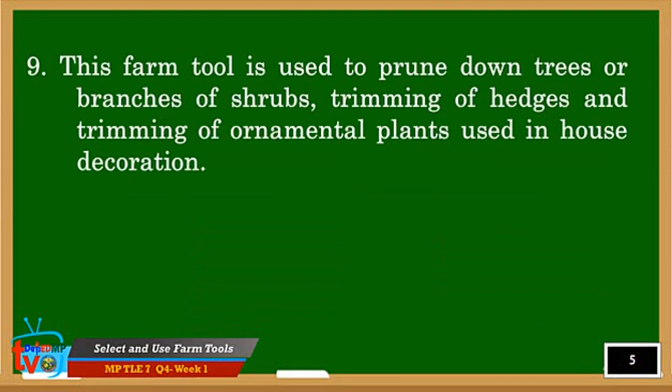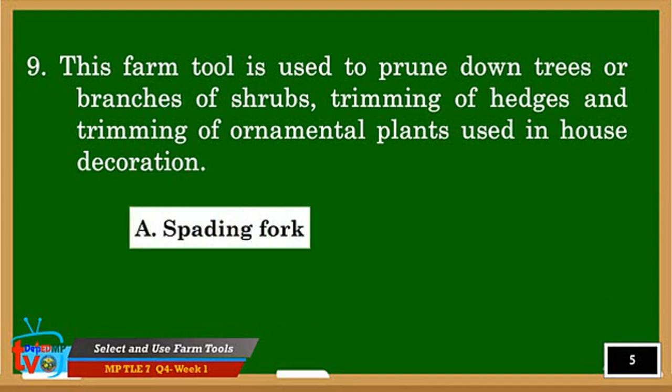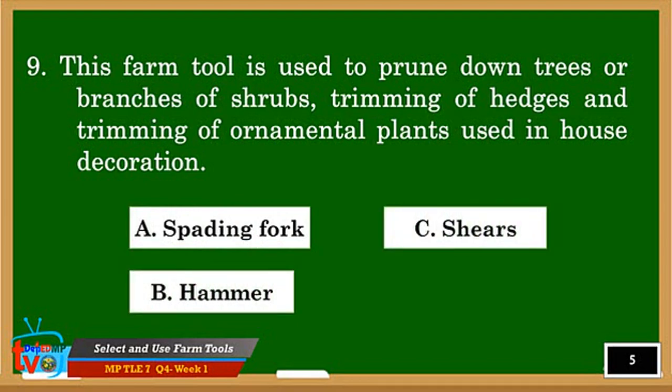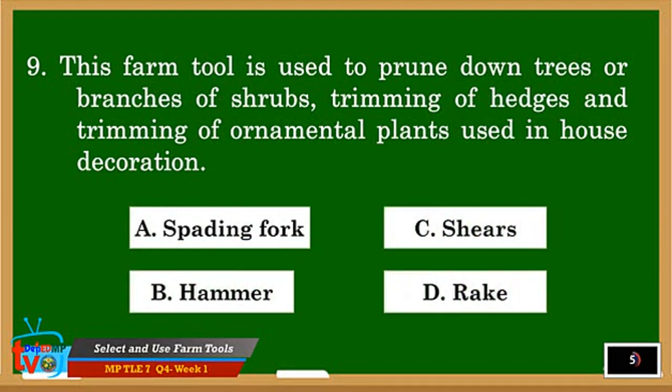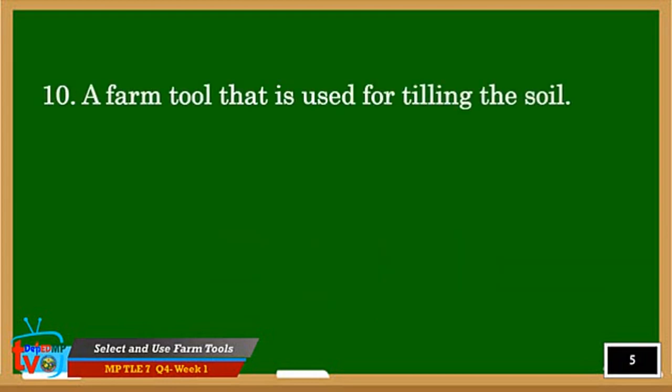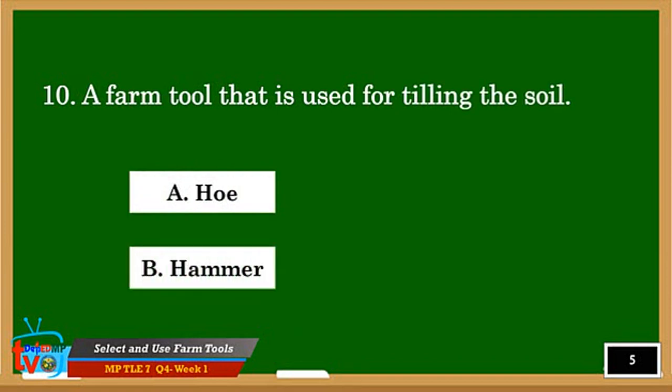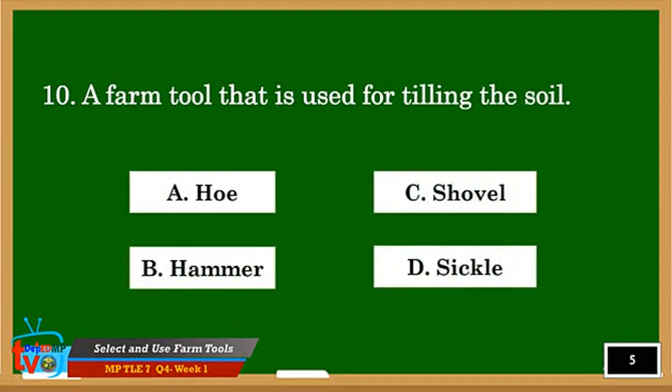This farm tool is used to prune down trees or branches of shrubs, trimming of hedges, and trimming of ornamental plants used in house decoration. A, spading fork. B, hammer. C, shears. D, rake. Number 10. A farm tool that is used for tilling the soil. A, hoe. B, hammer. C, shovel. D, sickle.